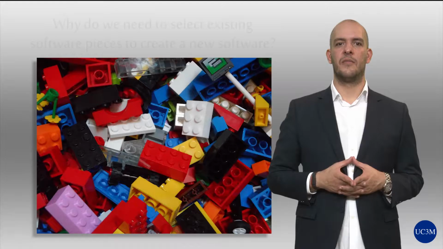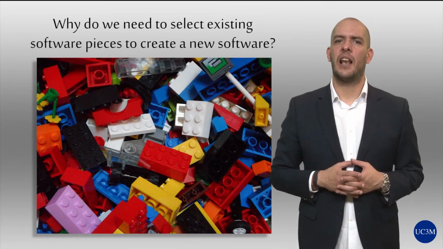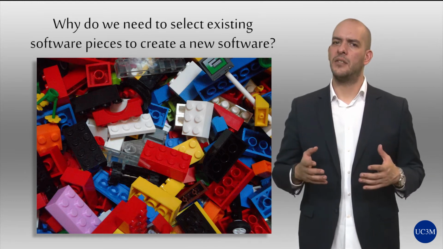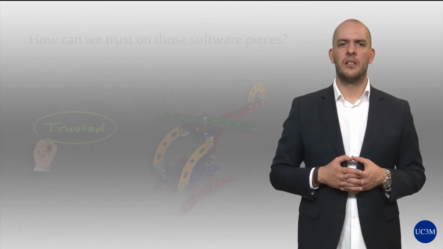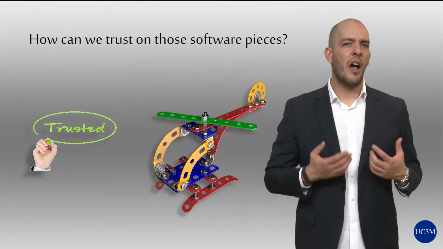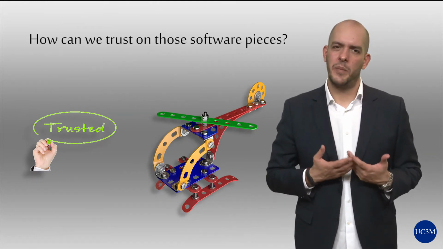Firstly, let me raise some questions. Why do we need to select existing software pieces to create a new software? And how can we trust those software pieces? Well, actually, it's not easy to draw a general answer for both questions.